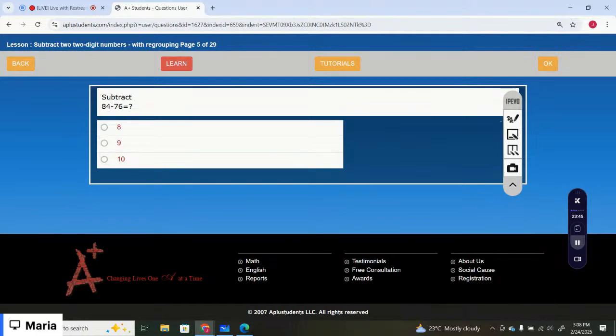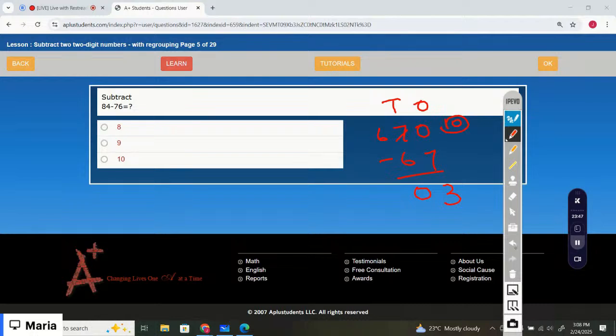Eighty-four take away 67. You need to borrow 1, so 14 take away 7 is 7 and 7 take away 6 is 1.